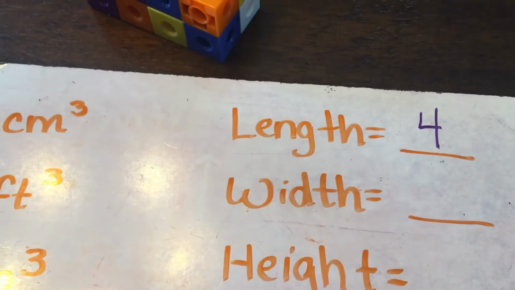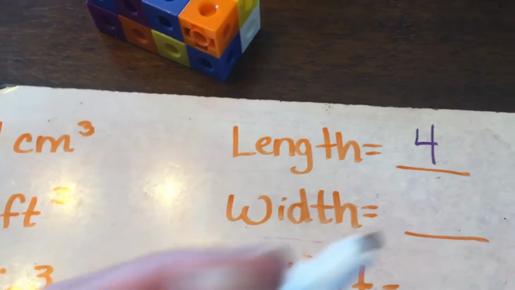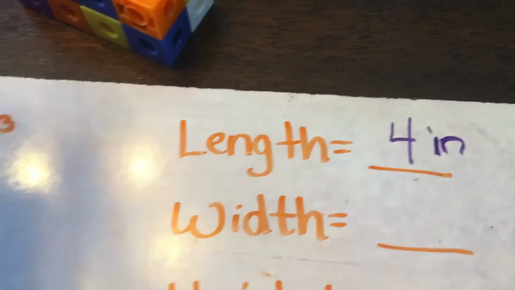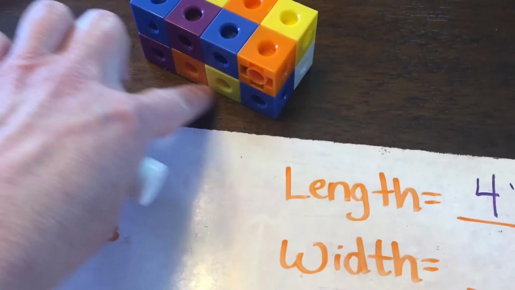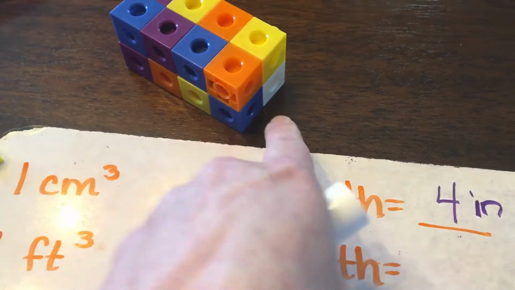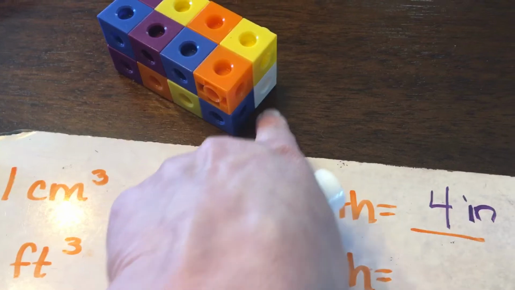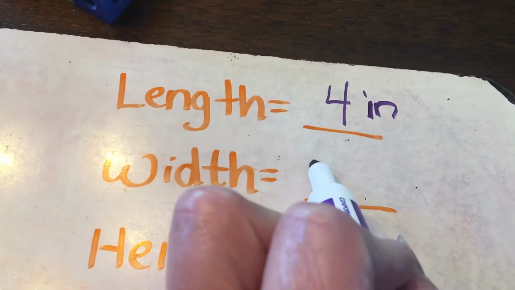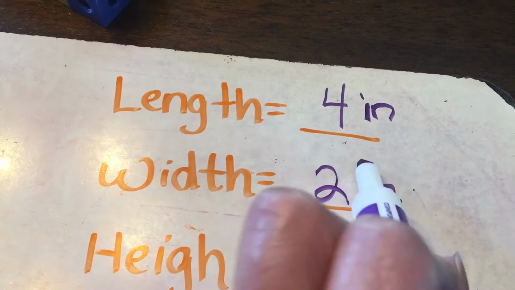We would actually say that this is 4 inches, because I'm not finding the volume yet, I'm just finding the length. If I was to measure this across, this would be 4 inches. That's going to be my length. My width would mean going this way. I have 1, 2 cubes, so we would say my width is 2 inches.